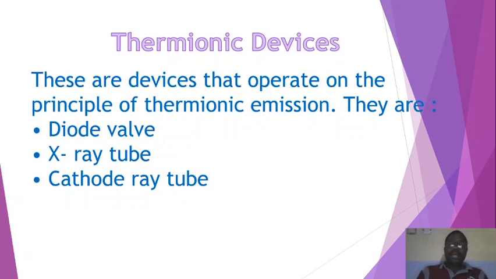They are the thermionic devices. So I mentioned the diode valve, or we call it thermionic diode, the X-ray tube, the cathode ray tube, and the cathode ray oscilloscope. These are the thermionic devices.